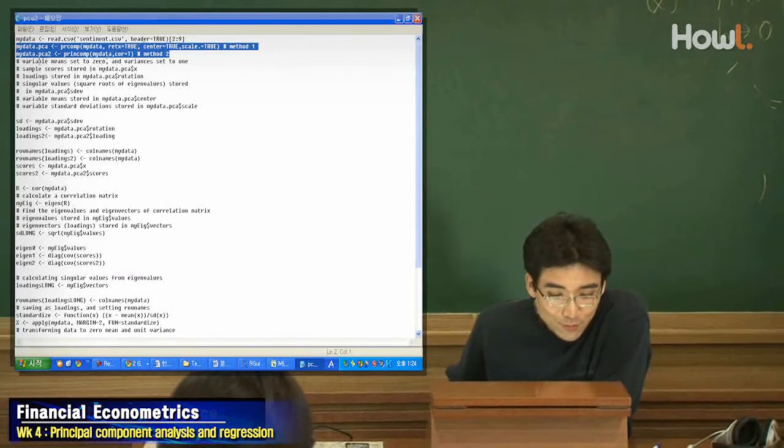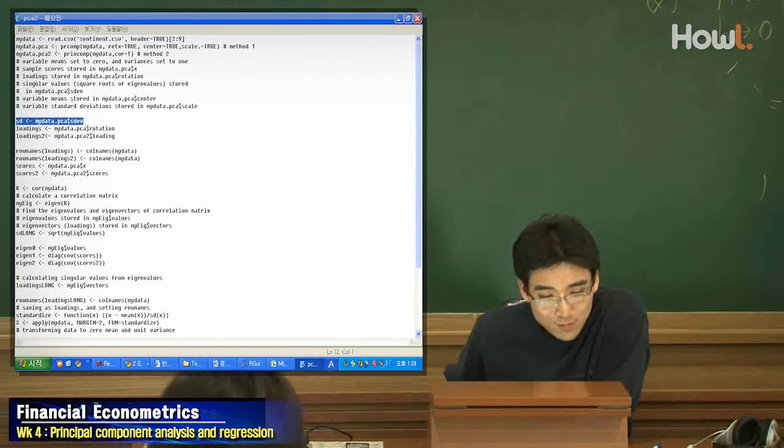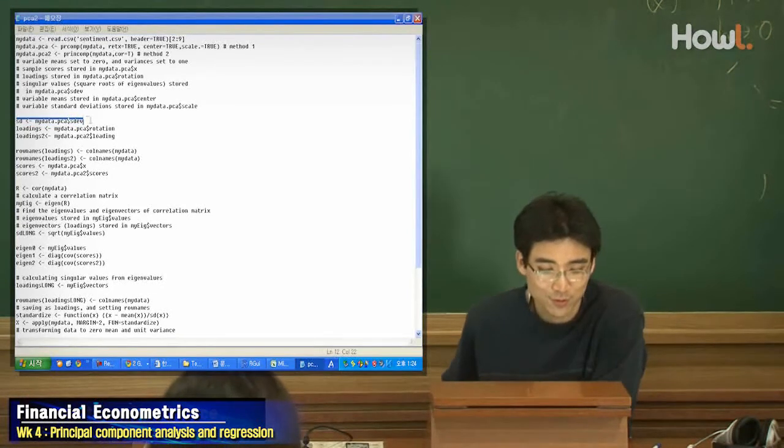So variable means set to 0, and so on. SD is my data PCA. So in the previous prcomp, I saved standard deviation into the variable SD.